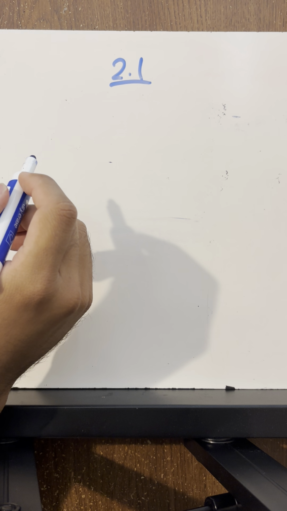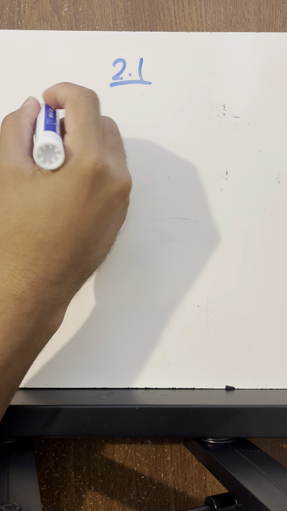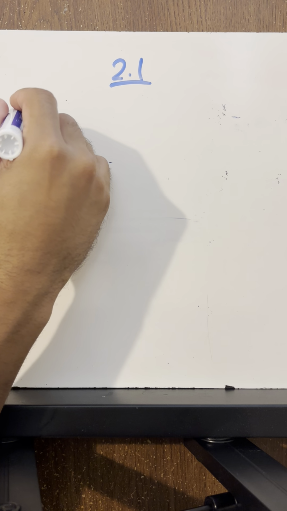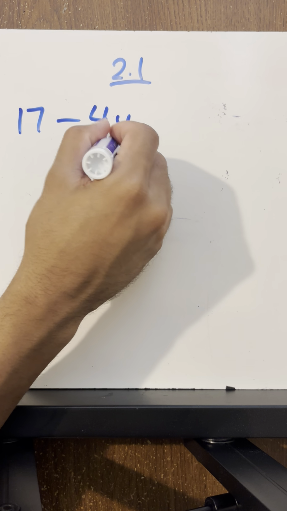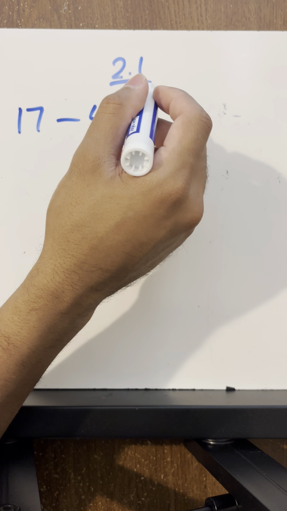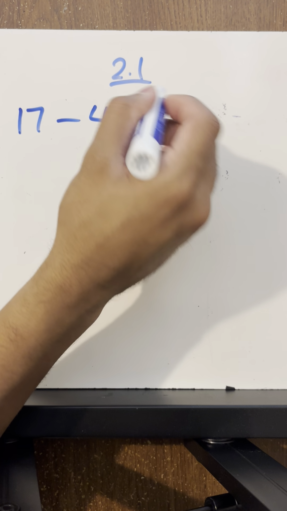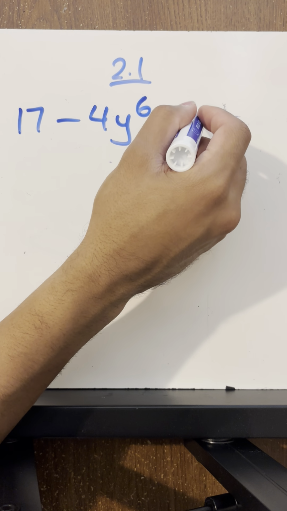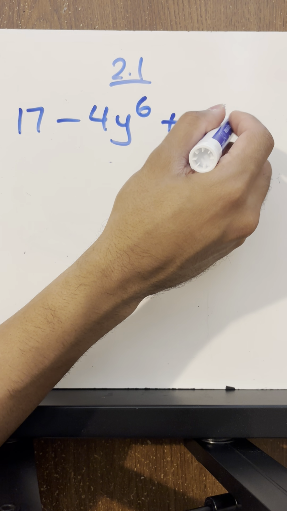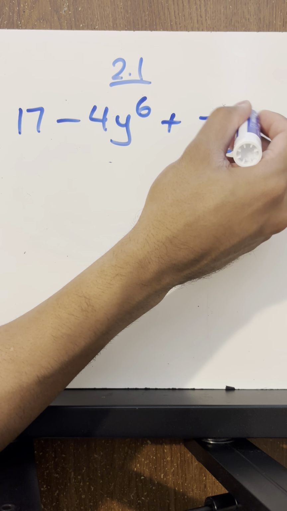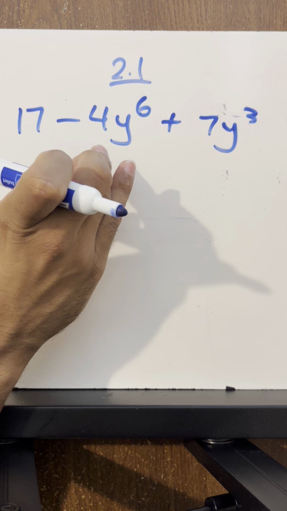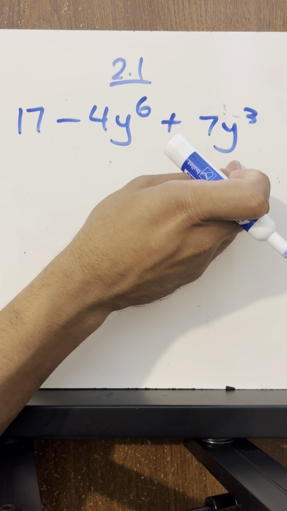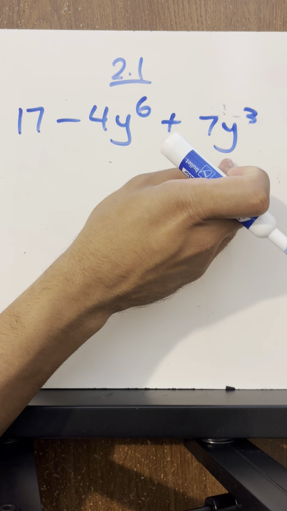Going back to our concept of trinomials, let's say that we had 17 minus 4y to the 6th plus 7y to the 3. Looking at the variables, we see that there's a y here and a y here.